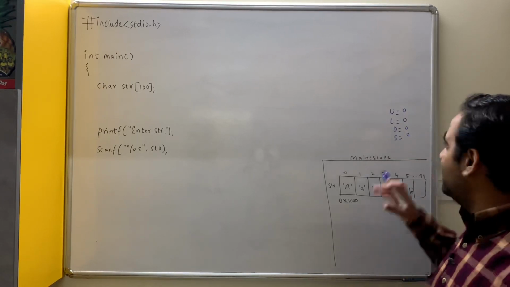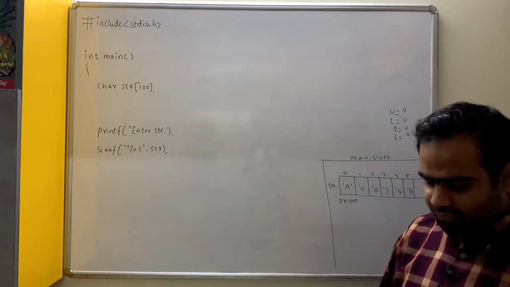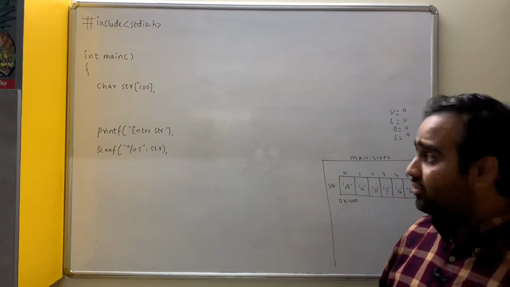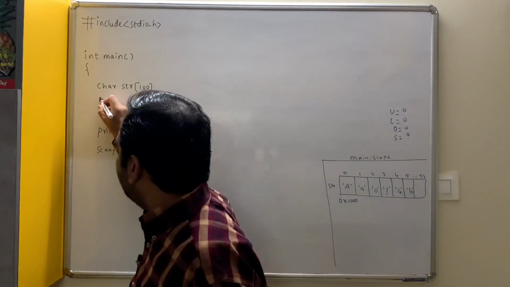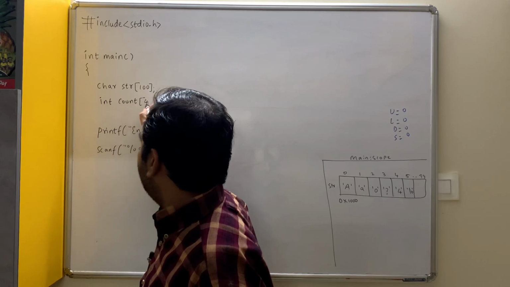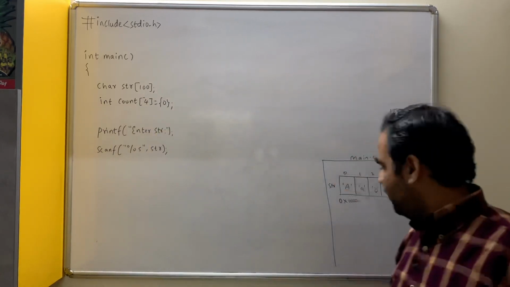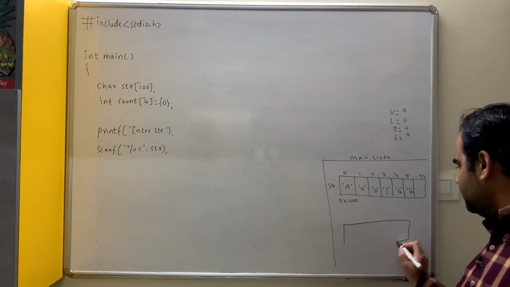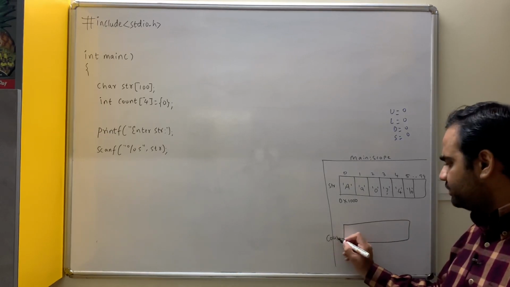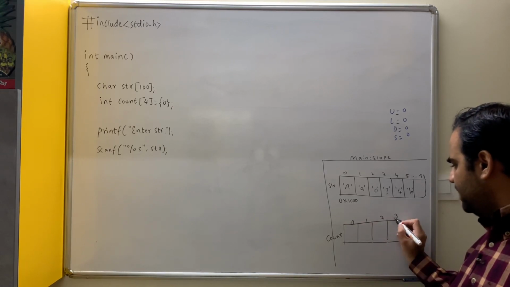We can combine these 4 variables and form an array. I say int count of 4 is equal to 0. An array of count will be created. This is the count array, with index 0, index 1, index 2 and index 3.